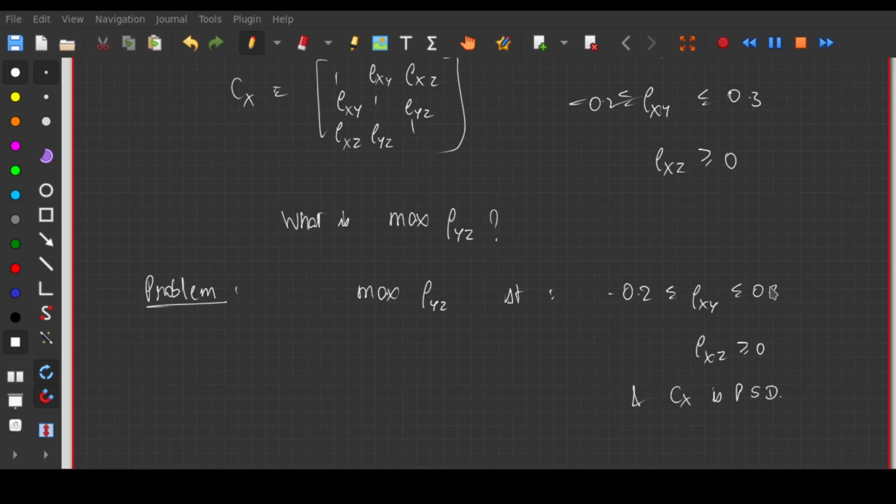So cp.Maximize C 1 2. Next. Let's prob.solve.